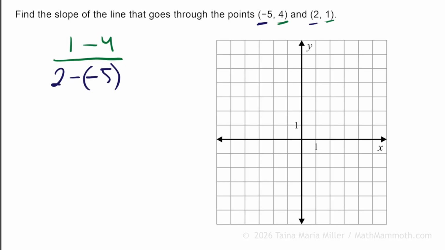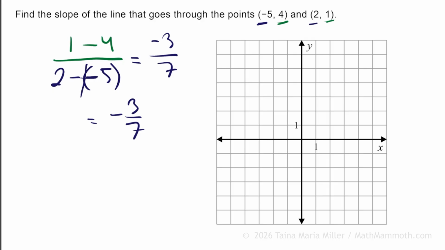Even if it makes a double negative, we will do it in that order. 2 minus 5. You could do it the other way around. 4 minus 1 over minus 5 minus 2. That will work too. Okay? But in the same order, the y and the x coordinates. So 1 minus 4, negative 3, and 2 minus 5, this becomes a plus. So we get 7. Minus 3 over 7.